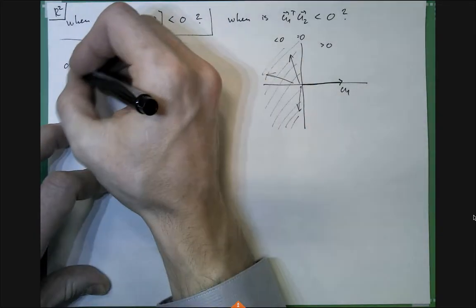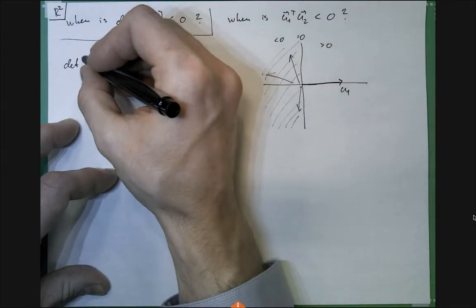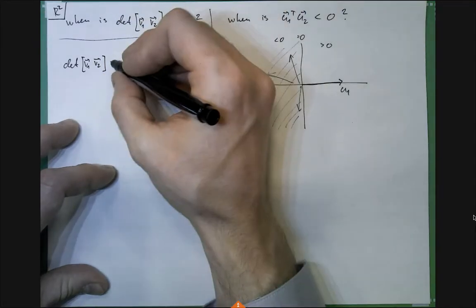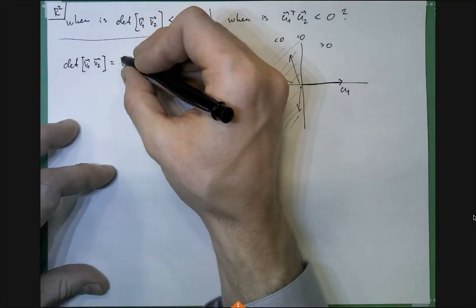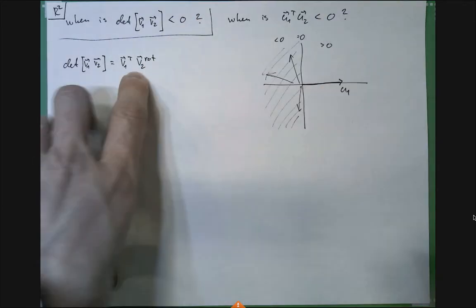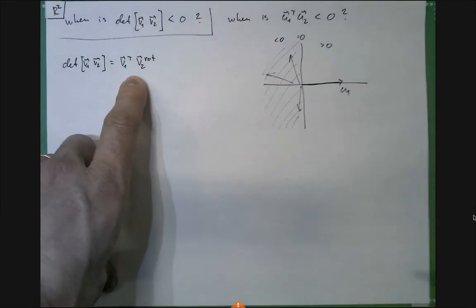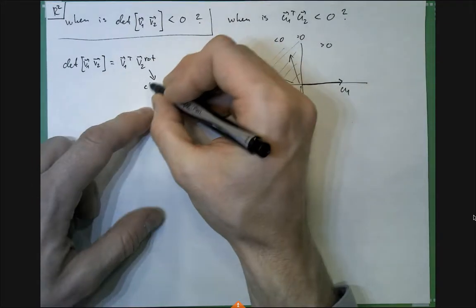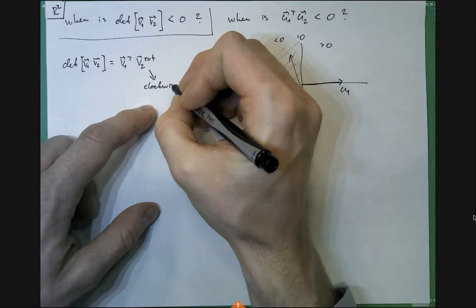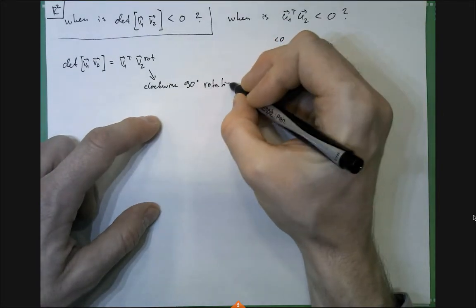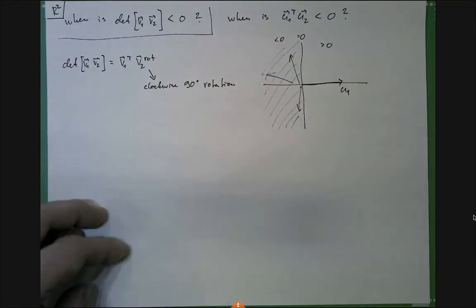The determinant of v1 and v2 is almost the dot product of v1 and v2, except that it's a dot product of v1 and the rotated version of v2, where v2 is rotated clockwise by 90 degrees. Let me write it here. Clockwise 90 degrees rotation. Okay. So what does it mean?